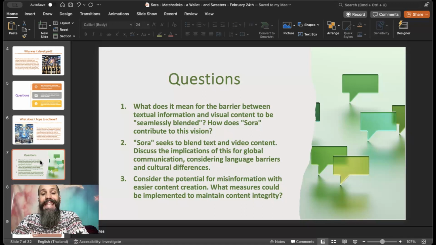Sora seeks to blend text and video content. Discuss the implications of this for global communication, considering language barriers and cultural differences. And this one's interesting. Again, most of my students being Chinese and just having the New Year Spring Festival, and if you think about the last lesson that I had, we were talking about the dragon, right?